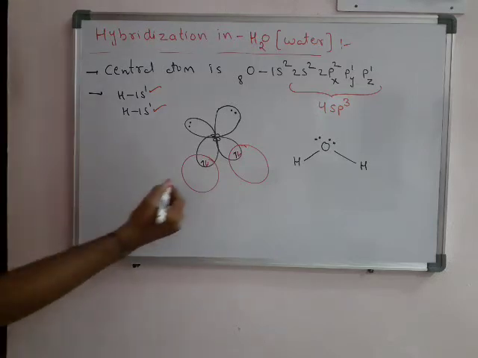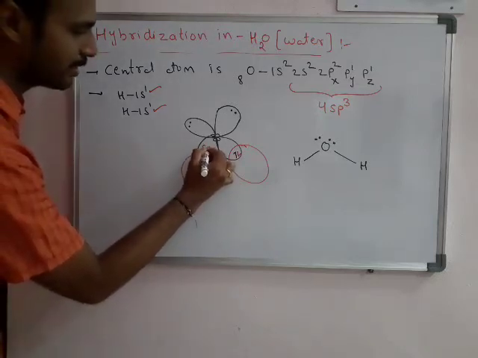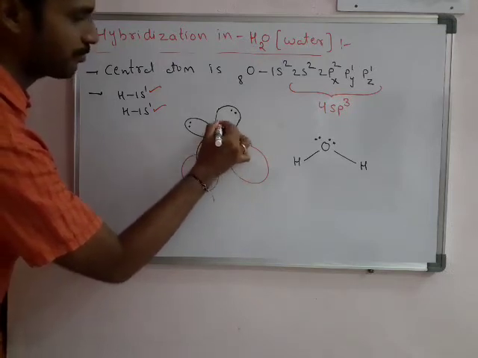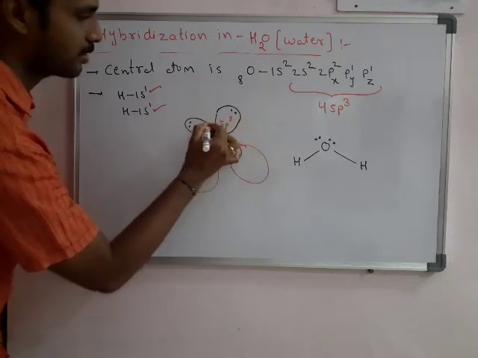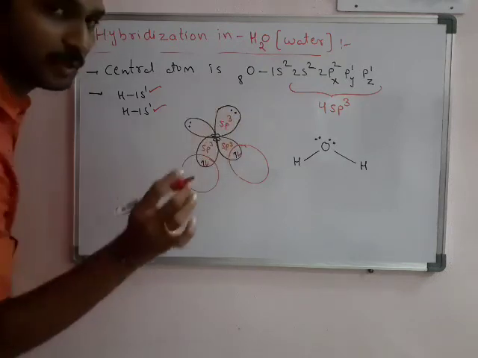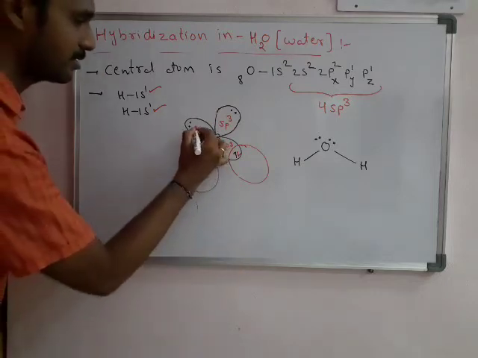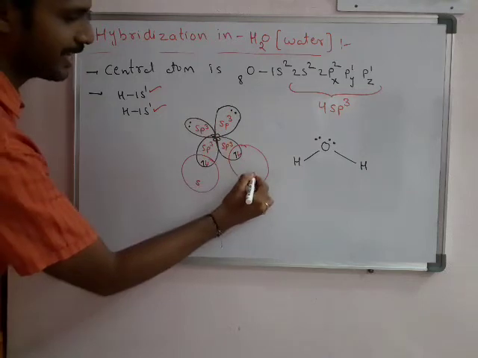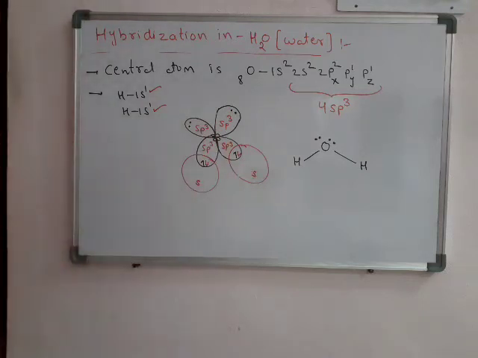So what is overlapping? This is sp3, this is also sp3, this is also sp3. You have to draw the diagram neatly, in a big size, not very small. So these are s orbitals. Now what is the overlapping? It is the straightwise overlapping.